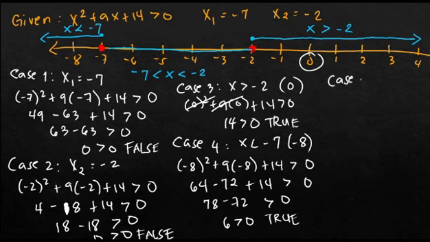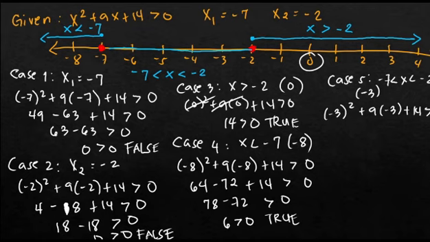Finally, case 5, which is x less than negative 2 but greater than negative 7. So gamitin na natin yung pinakamaliit. That is negative 3. So we have negative 3 squared plus 9 times negative 3 plus 14 greater than 0. Negative 3 squared is 9. 9 times negative 3 is negative 27 plus 14 greater than 0. So let's add up 9 and 14. 9 plus 14 is 23.